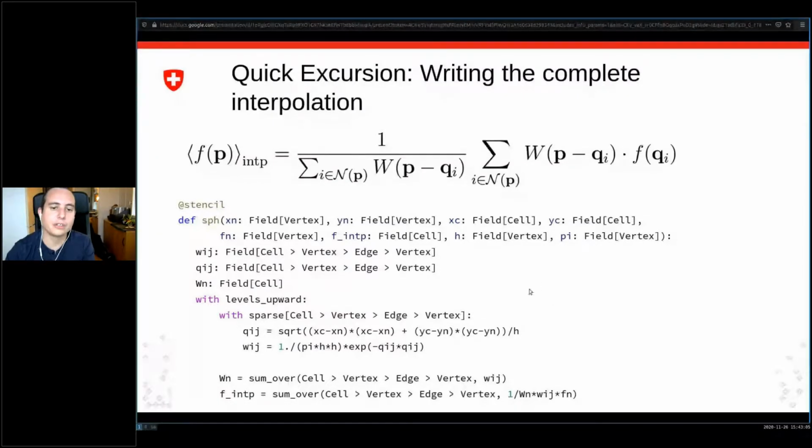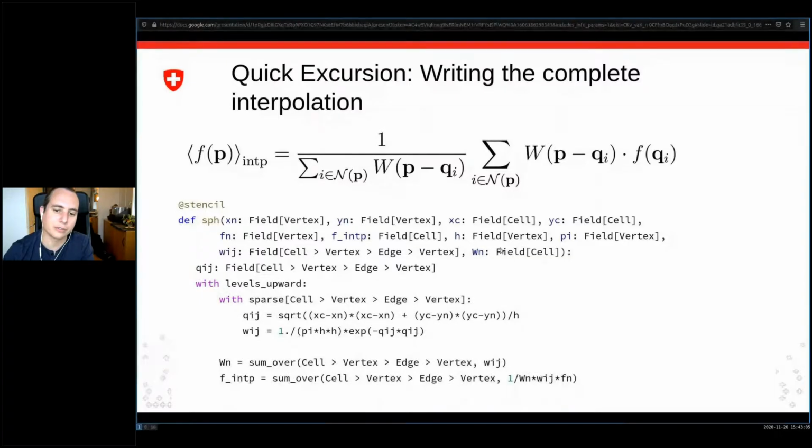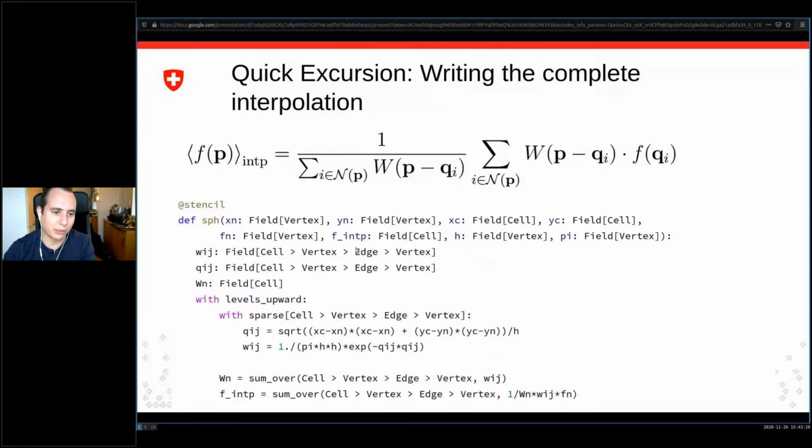Well, we can see that we had these fields in the API, but probably nobody else, so to speak, is interested in these intermediary results. So we demote them to temporary fields, and then we get a clean API. And this would be a quite general interpolation stencil implemented in Dusk.